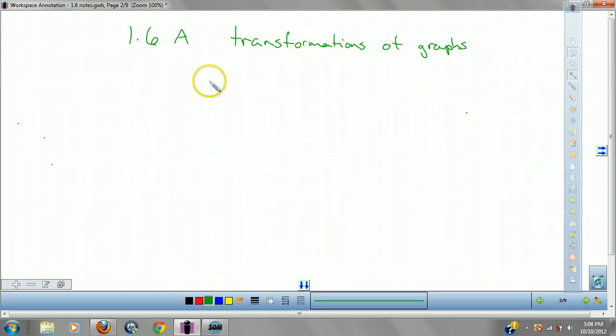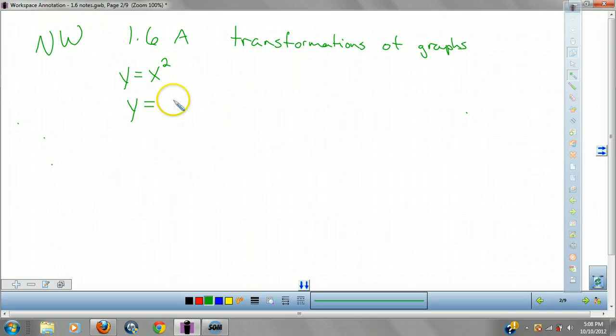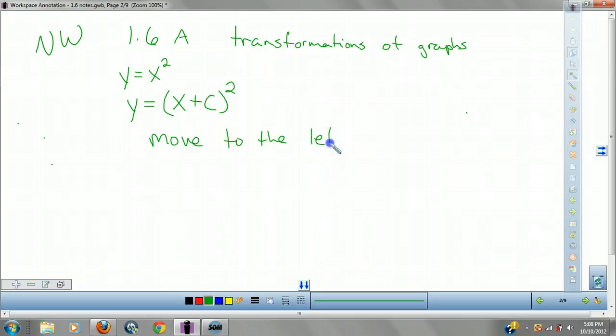Basically, what it comes down to, if you have a function y equals, let's say we're just going to use x squared. If you see, by the way, this whole slide is noteworthy, guys. If you see some number in parentheses with the x in the function, that means you are going to move to the left or right C spaces.